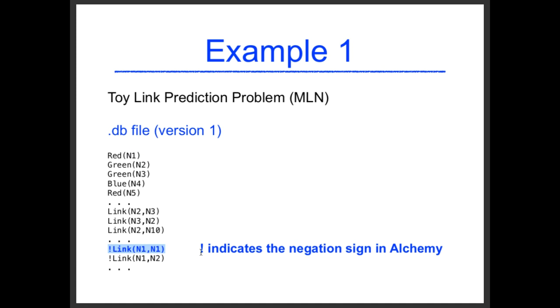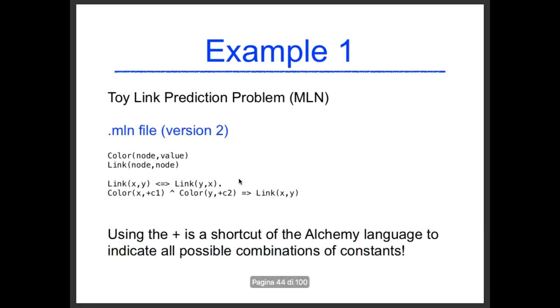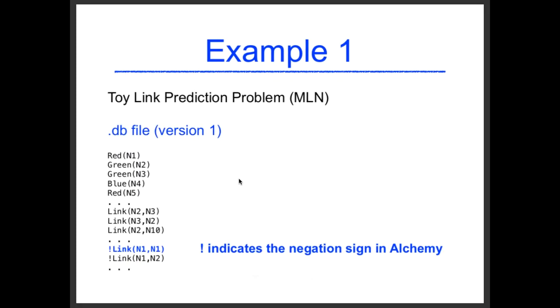The exclamation mark is the negation sign in Alchemy, so exclamation mark link N1, N1 means that the pair N1, N1 does not satisfy the link relation.